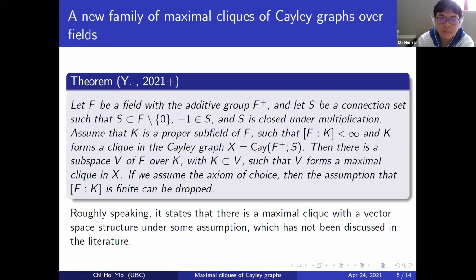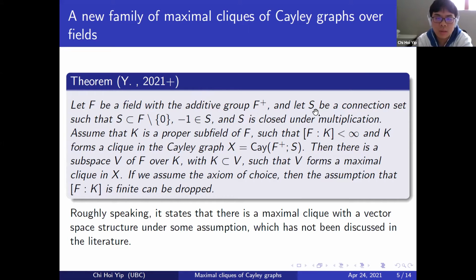So the following is our main result. It gives a new family of maximal cliques of Cayley graphs over fields. The setting is a little complicated, but I guess it's okay. We consider a field F, and we denote F^+ to be its additive group.